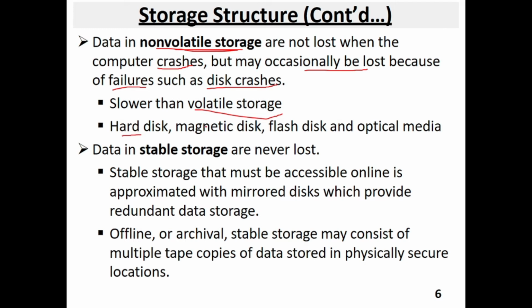Hard disk, magnetic disk, flash disk, and optical media are examples of non-volatile storage. But going back to stable storage, data there is never lost.